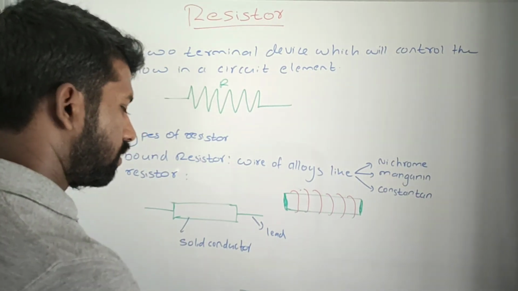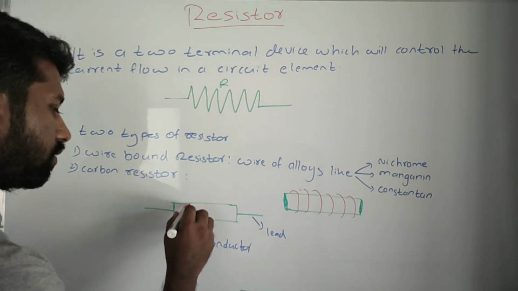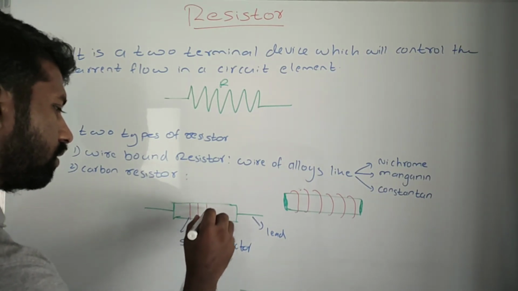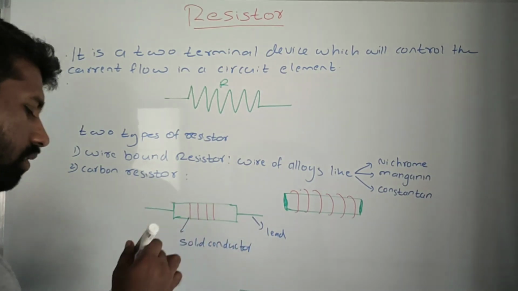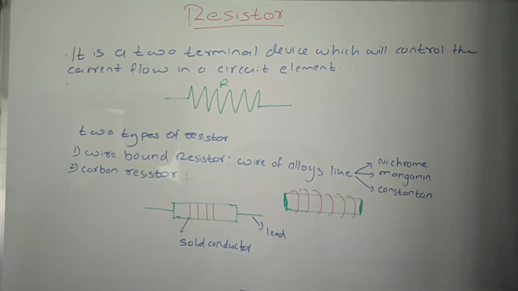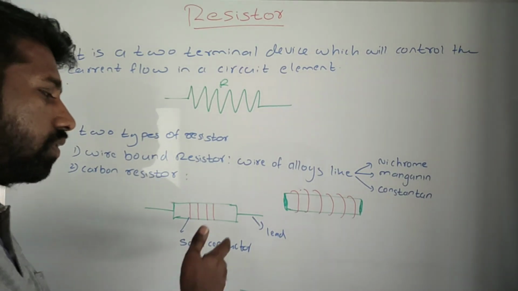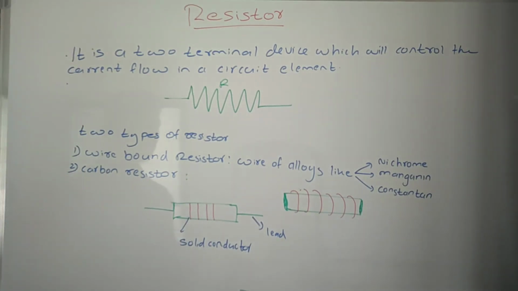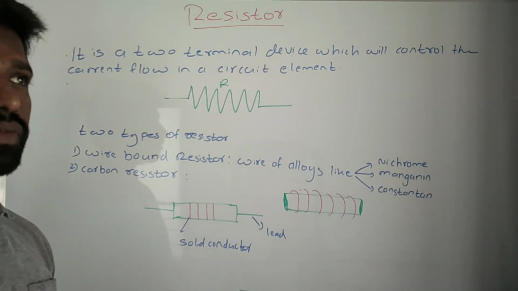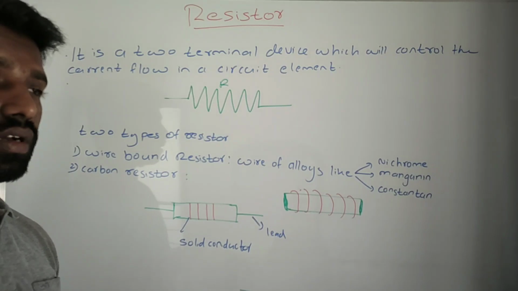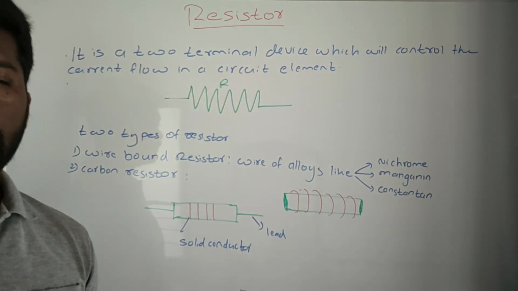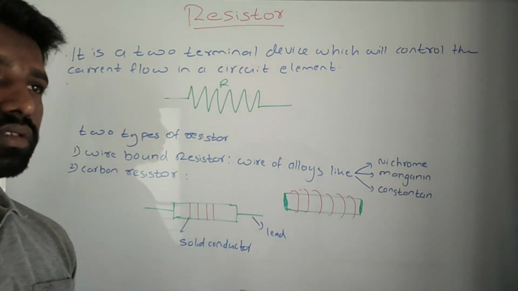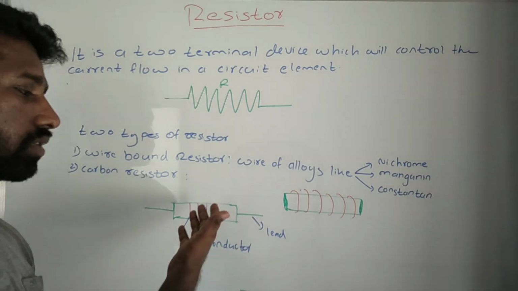That means there are normally different colors, and the resistance value is noted down with them. Clear? Okay. So if you decode these colors, you will get the resistance of that carbon resistor. Carbon resistor is the resistor we normally use in all electronic circuits, most commonly. And how does the resistance increase or decrease in the carbon resistor?